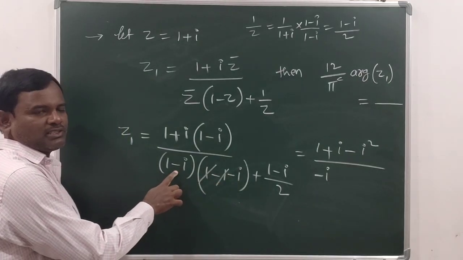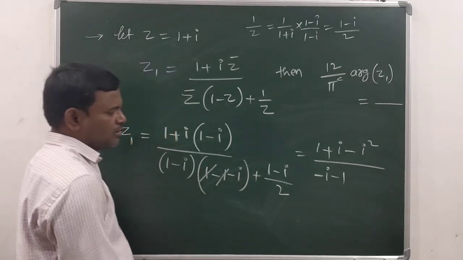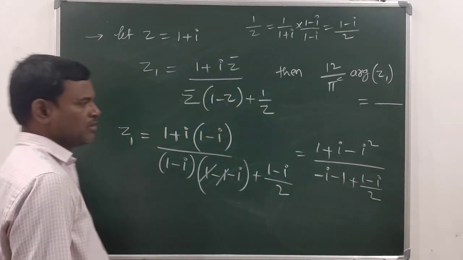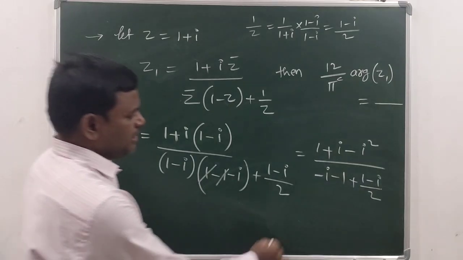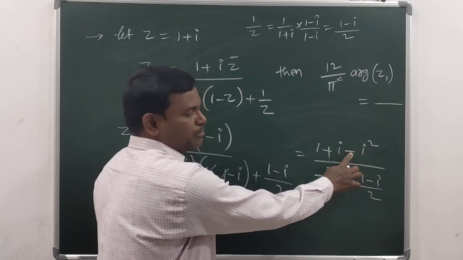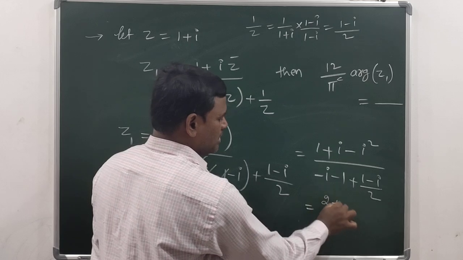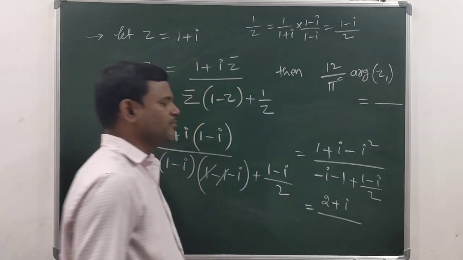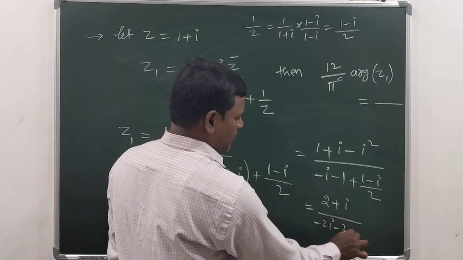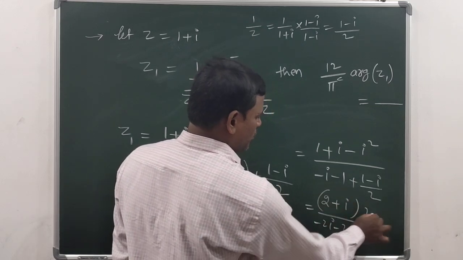Now minus into minus is plus, and i square becomes minus 1, plus (1 − i)/2. So i square becomes minus 1, minus into minus is plus, so 1 + 1 is 2, 2 + i, whole by 2. Now take cross multiplication: −2i − 2 + 1 − i. So this 2 will go into the numerator.